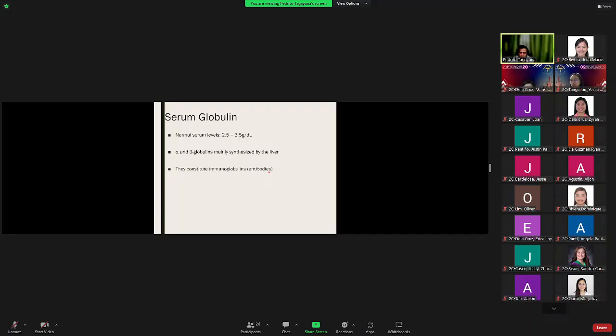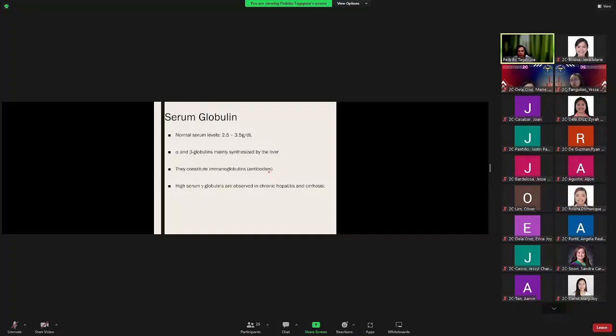The major fraction of globulins is represented by the immunoglobulins, which are the antibodies. So in infection and inflammation, where there is an increase in the synthesis of antibodies, there is an increase in globulin, and that will affect the albumin to globulin ratio.